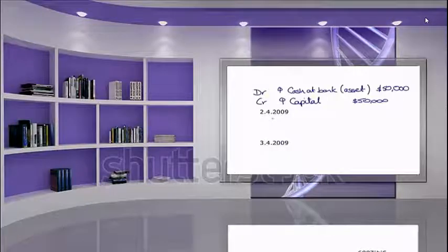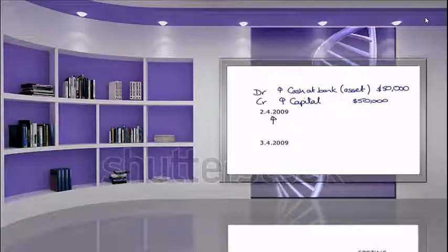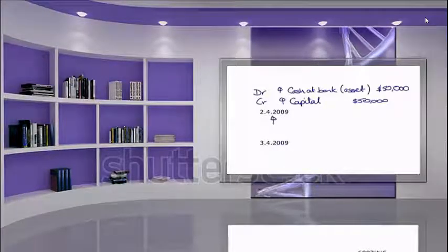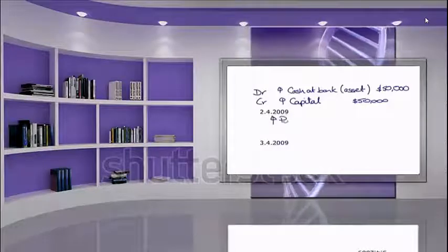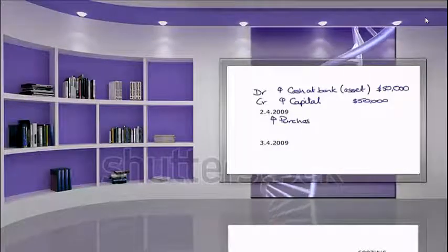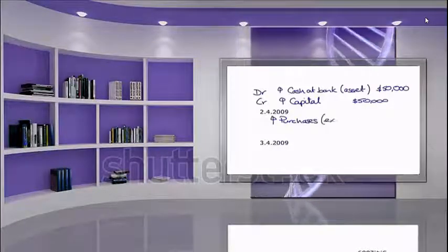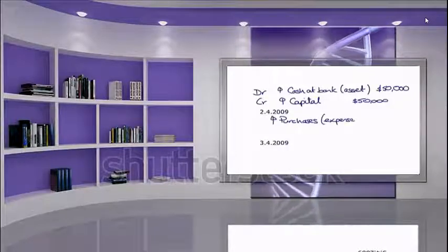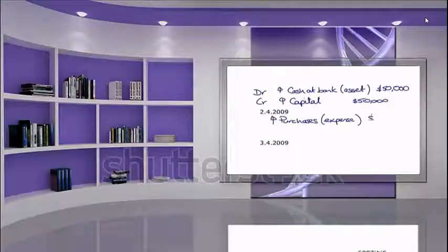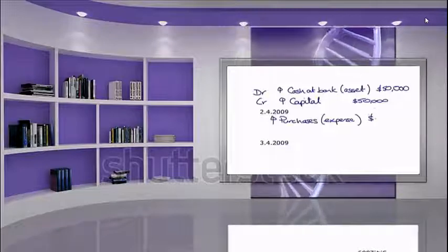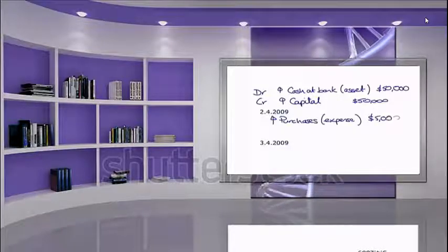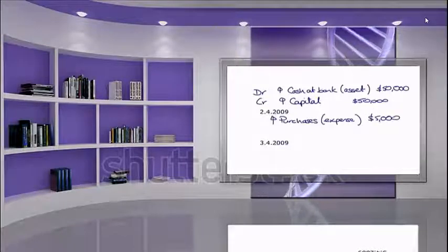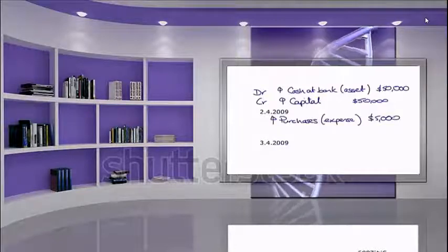So, to record this transaction then, the dual effect, we're going to increase purchases, and purchases is an expense, and that will be with the amount of $5,000. Okay, that's the value of the goods that we purchased.